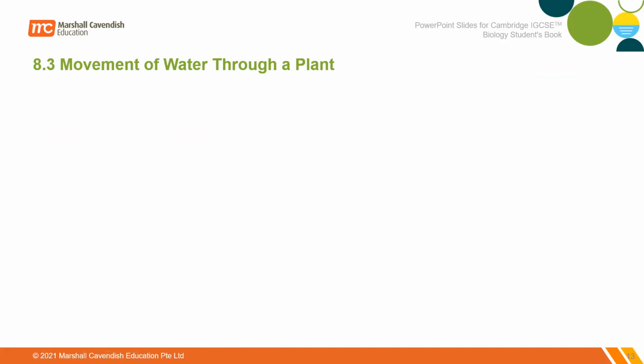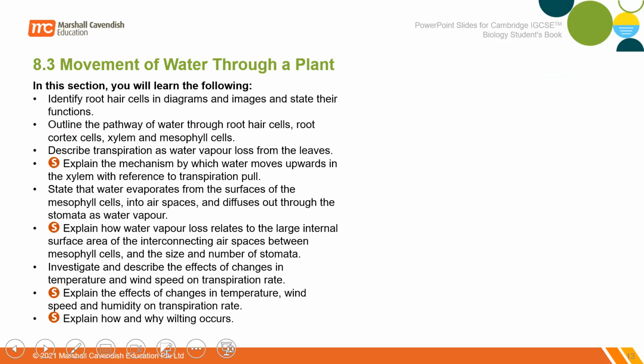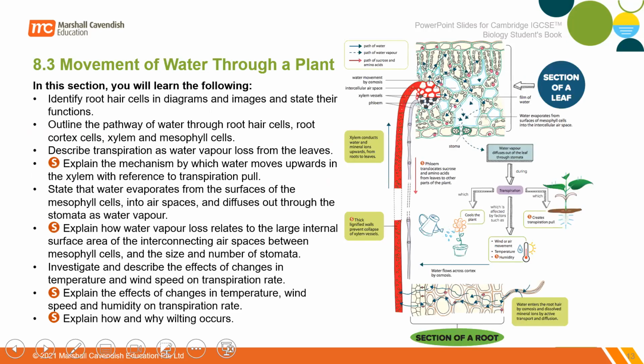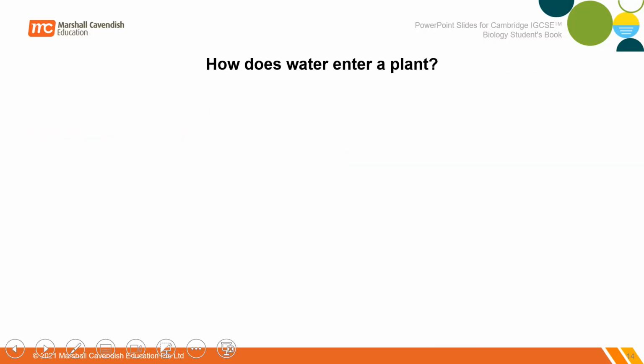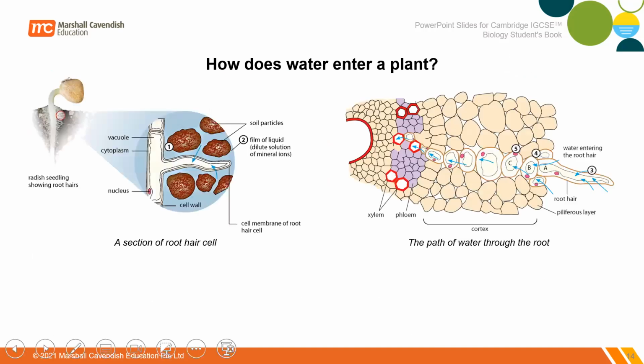And now we need to talk about movement of water. For movement of water, there are a lot of objectives, but all of them are extremely easy. How does water enter a plant? Now we need to talk about the root hair cell and water movement, or absorption of water, which occurs by osmosis.